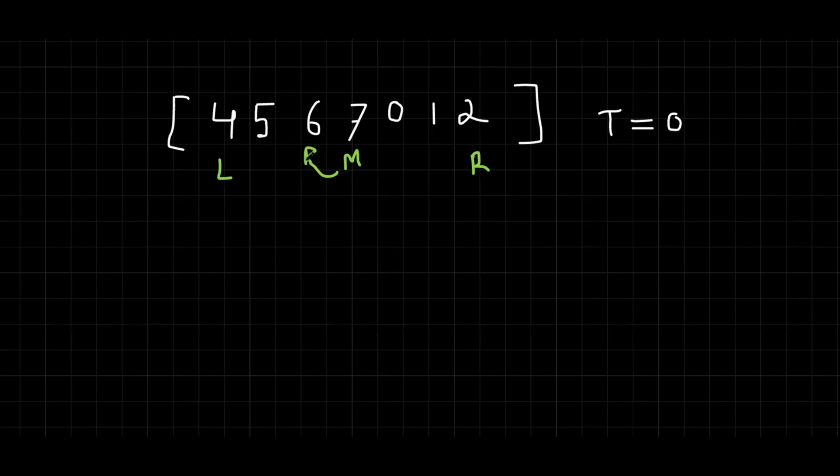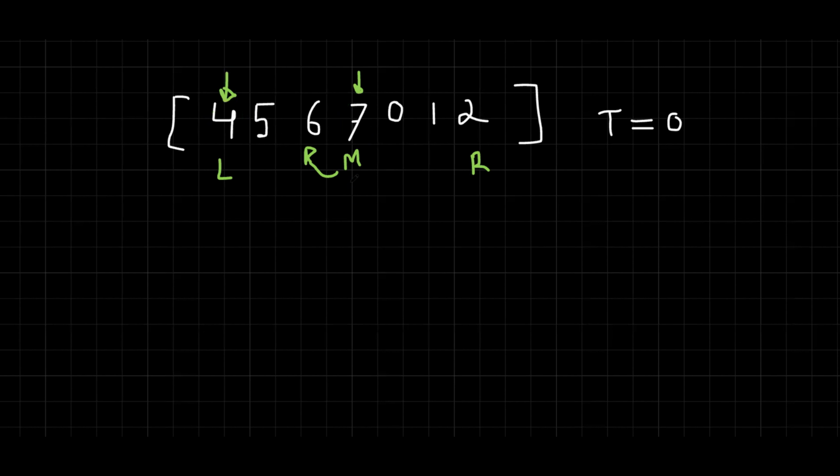And what is the condition? The condition is pretty simple. We have to check the value of the left pointer and the mid pointer. Now, if the value of the mid is greater than the value of the left, we can say that the mid is in the left subarray. Okay. So far, so good.